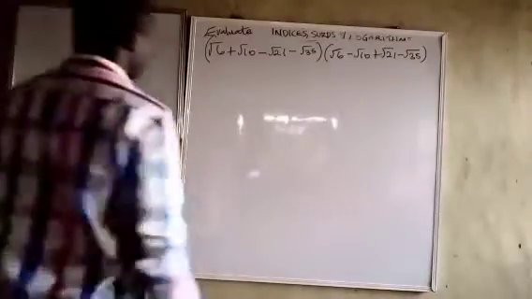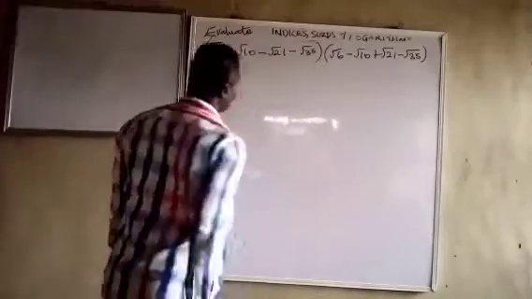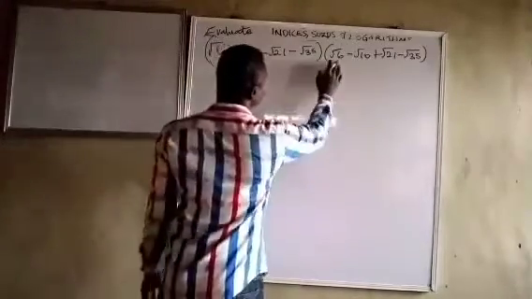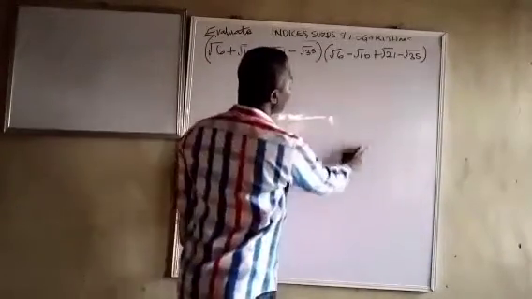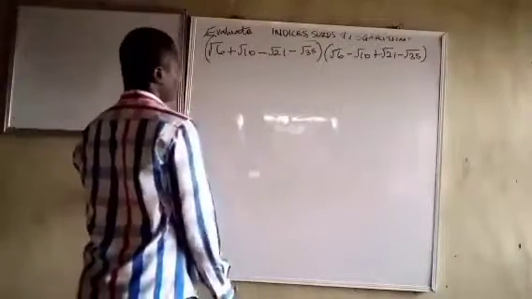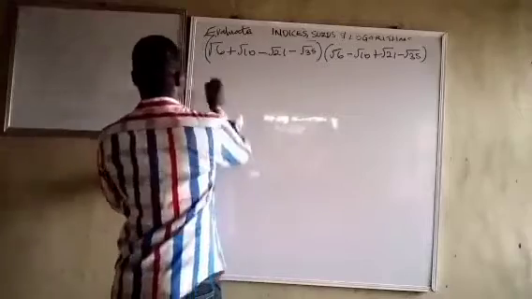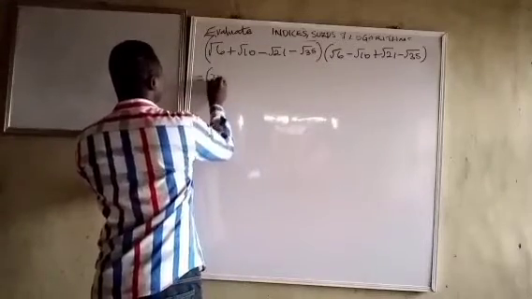Now we have this. Evaluate root 6, bracket root 6 plus root 10 minus root 21 minus root 35, bracket, into root 6 minus root 10 plus root 21 minus root 35, all brackets. Now, if you look at this, we can break this down.